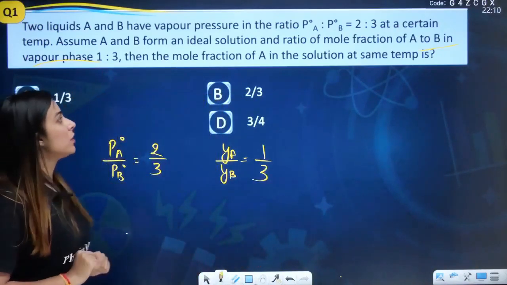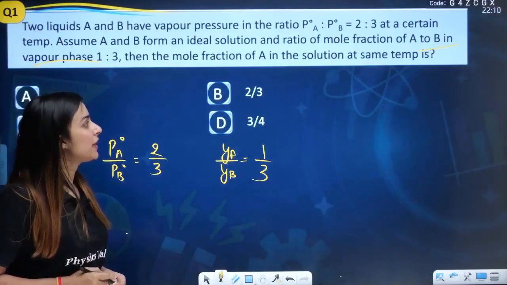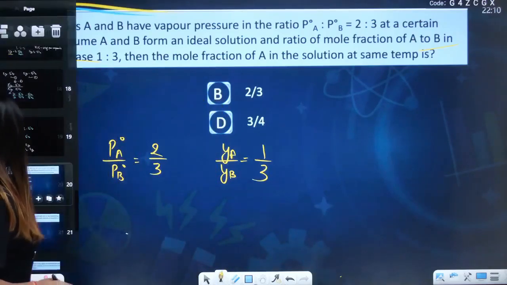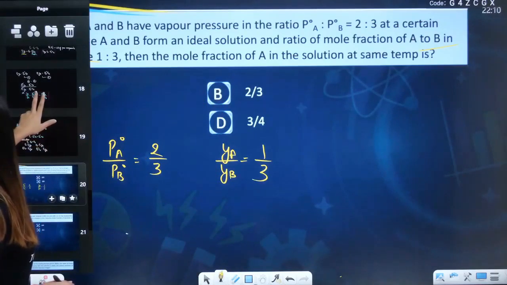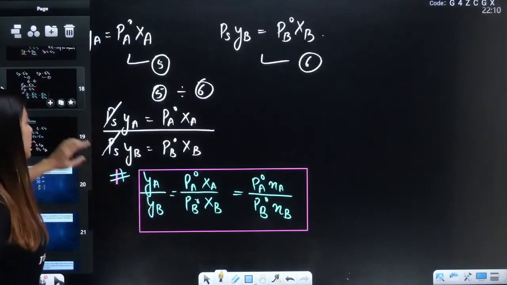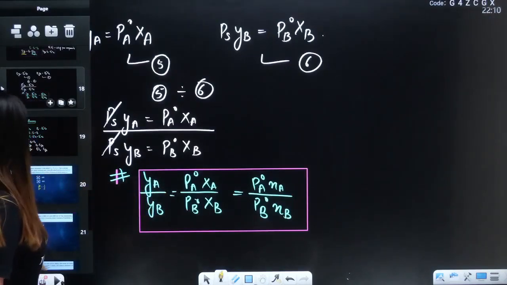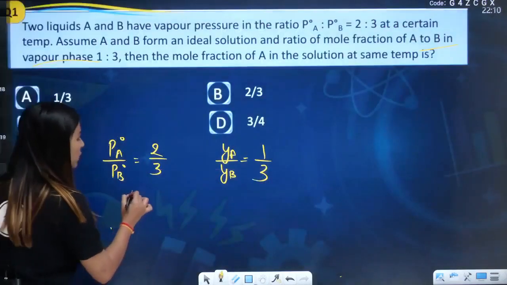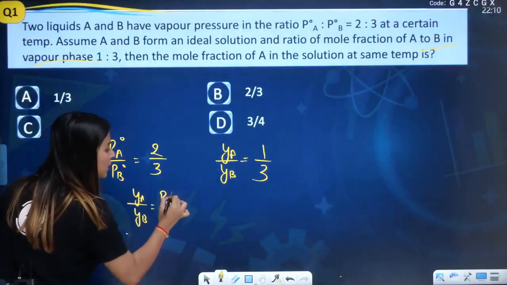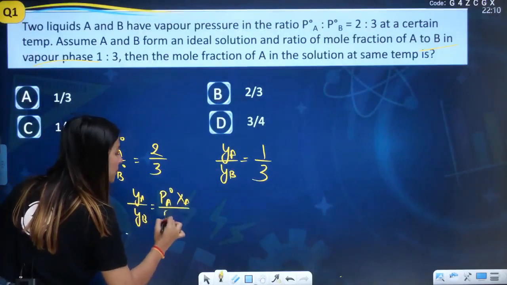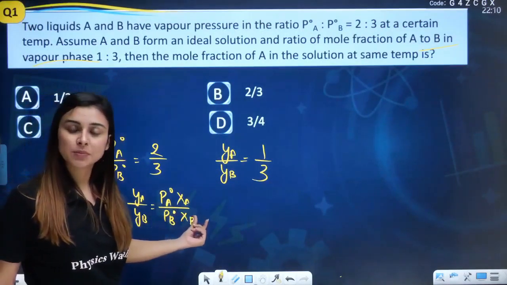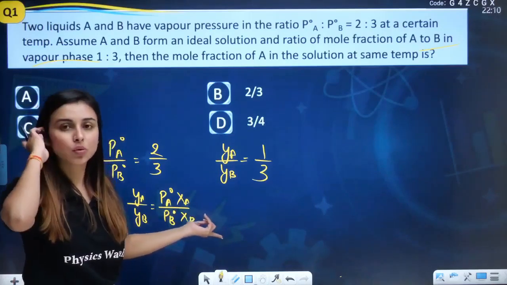Then you have to give the mole fraction ratio of A in the solution at that temperature. From the expression we just calculated, YA upon YB is equal to PA naught XA upon PB naught XB. I know that XA plus XB will be equal to 1 because there are only two components.